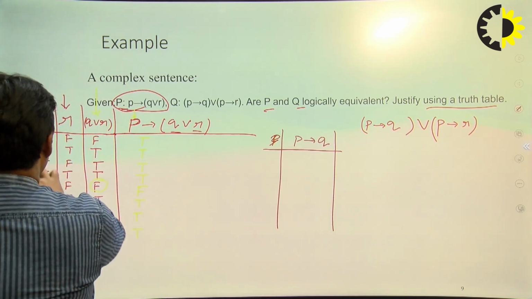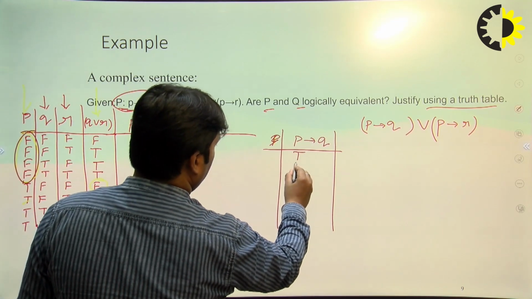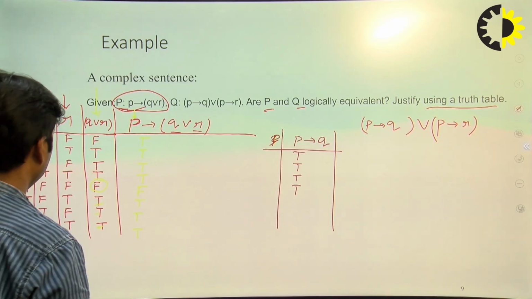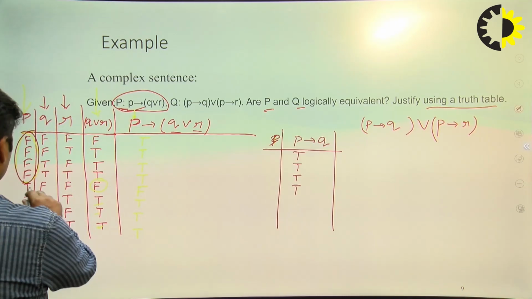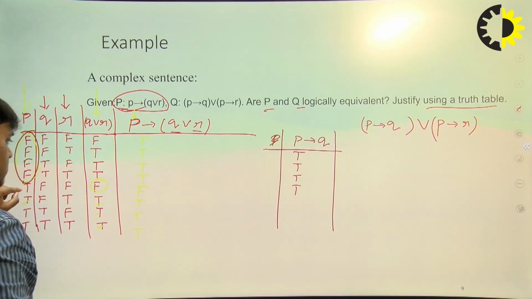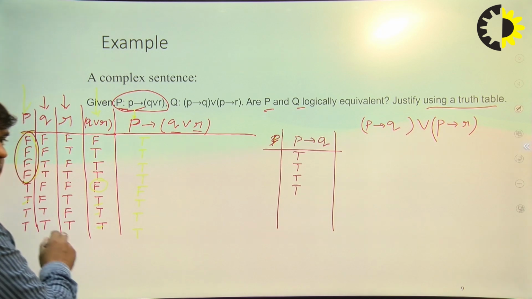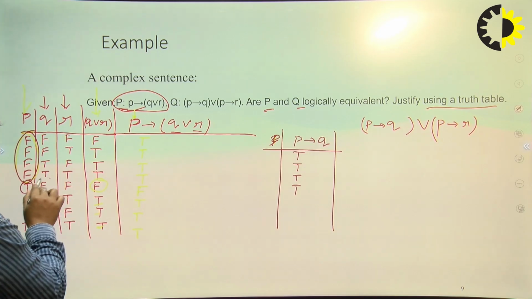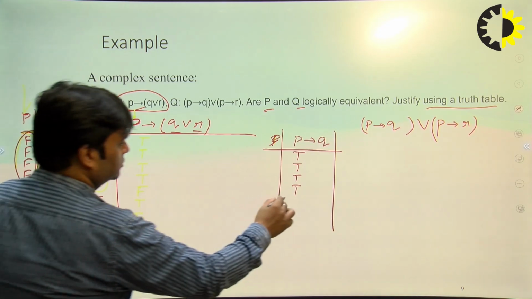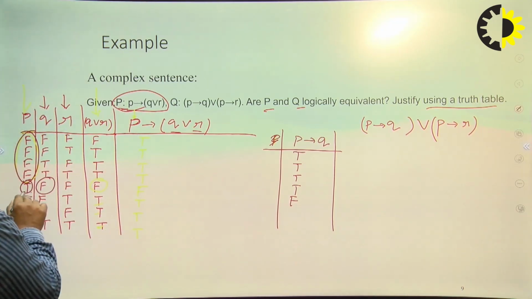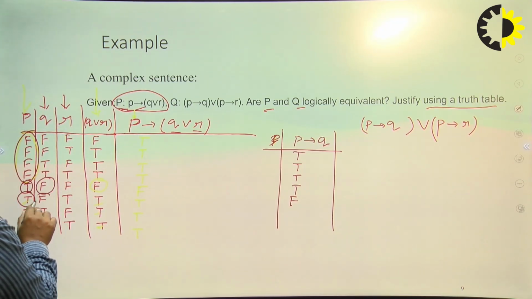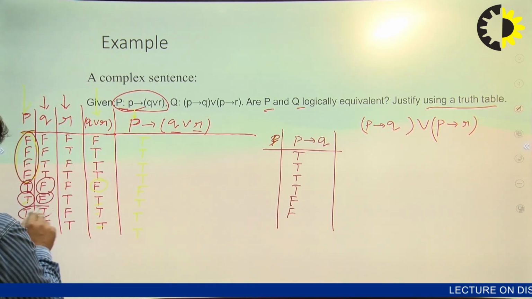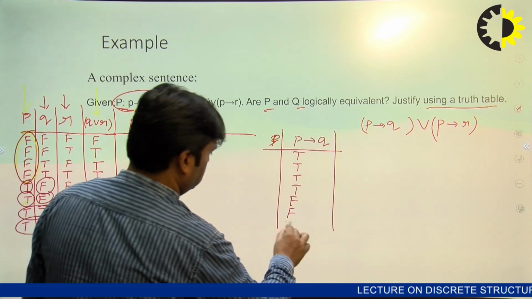So here true, true, true, true, because the first element is false. Now we check the next condition. The element of P is true, then go for Q, it is false, then the output will also be false. This is true and this is false, then the output is false. And both are true, then the output will be true.